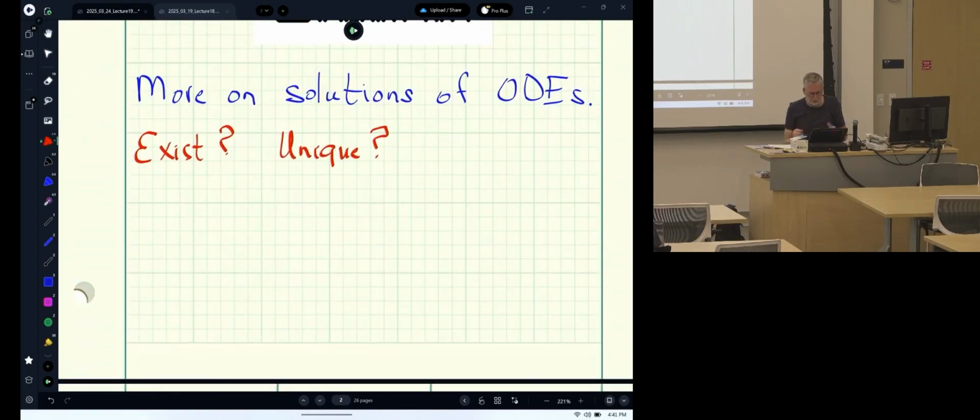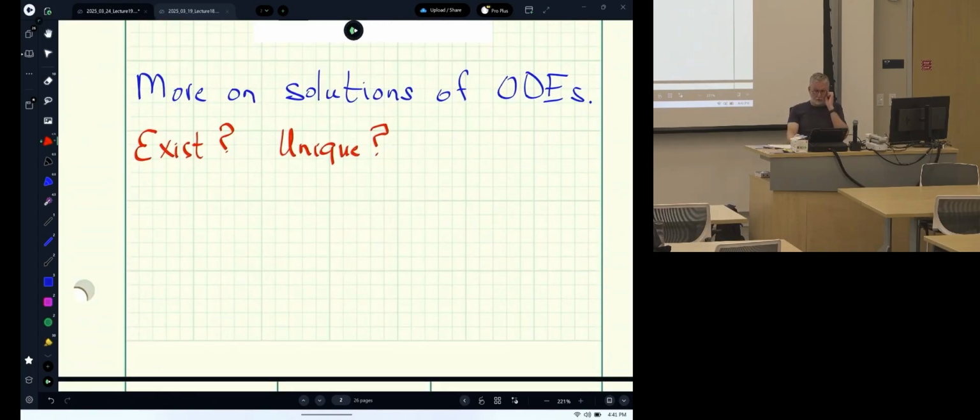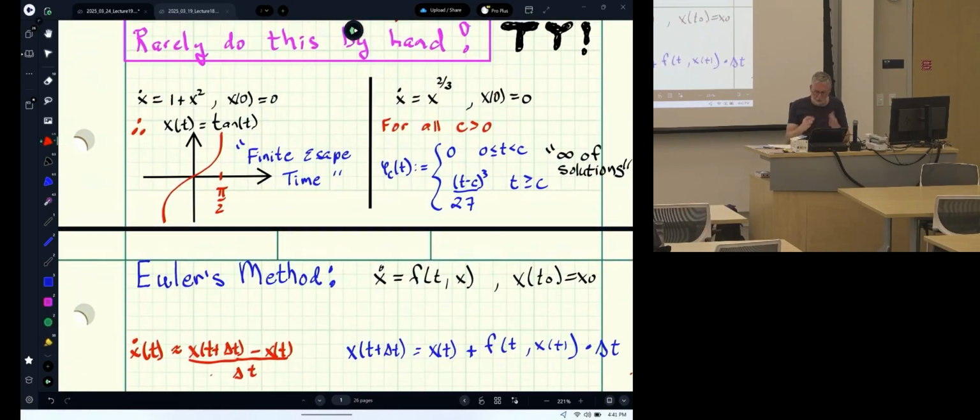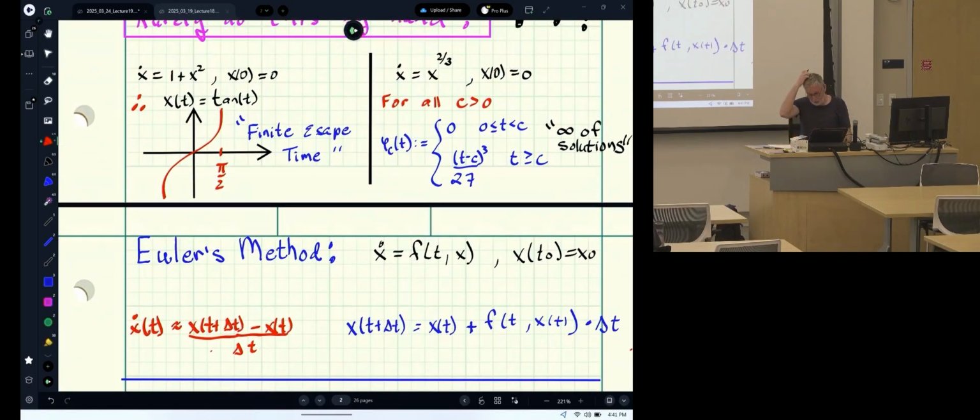Okay, so existence has interesting twists on it, and it would be nice to know when our equations have a unique solution so we can actually make predictions about the future evolution of the system. In this one, it's a little hard because we have no clue which value of c nature is going to be drawing. So if that's your model, you're kind of in trouble for making predictions about what's going to happen. A little bit like the weather.